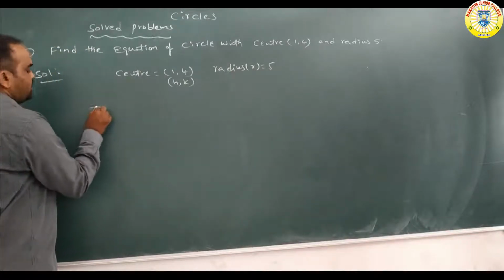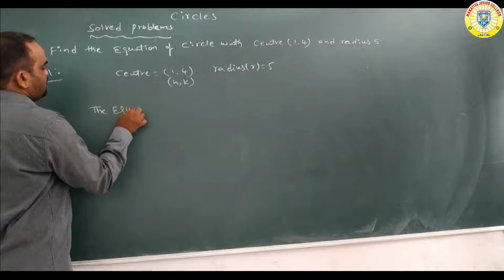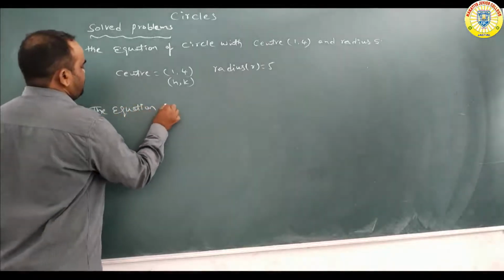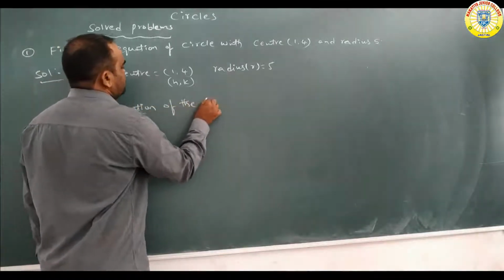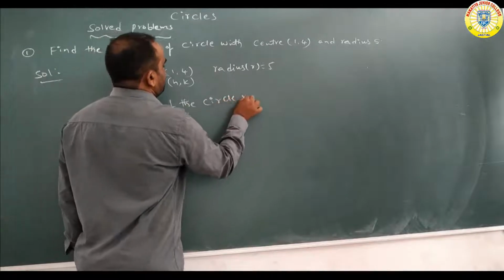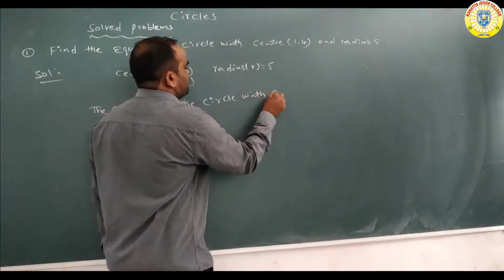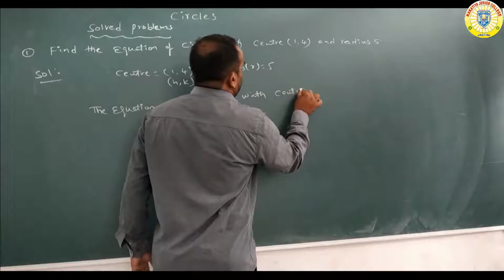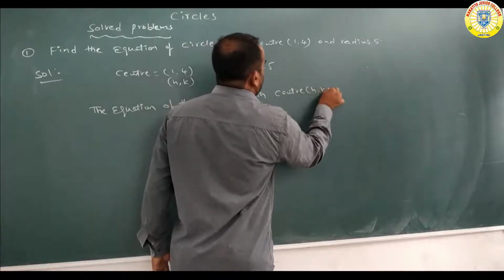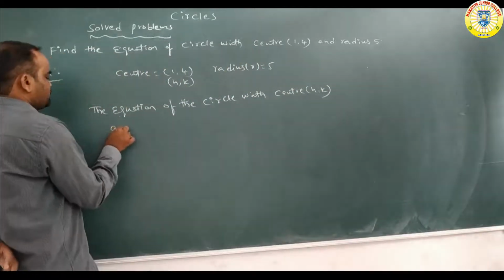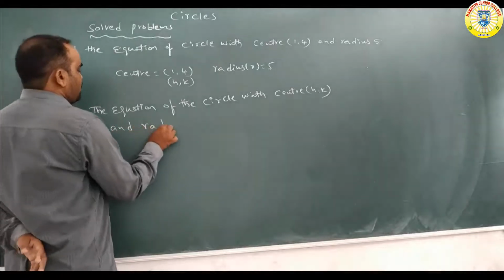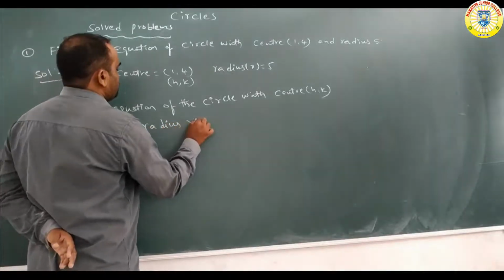See here, the equation of the circle with center h comma k and radius small r.